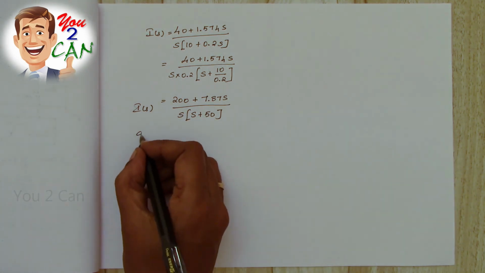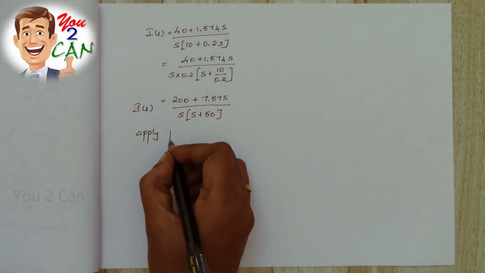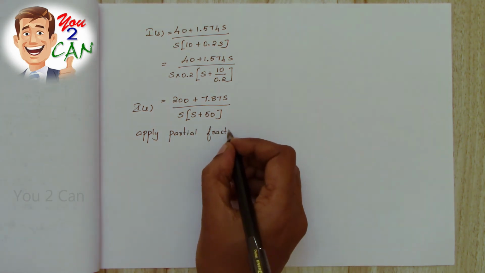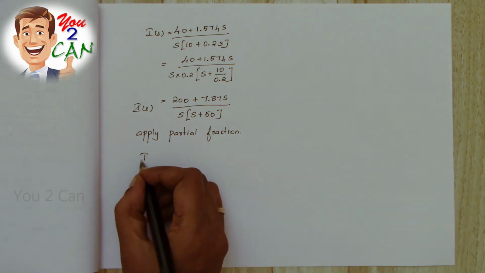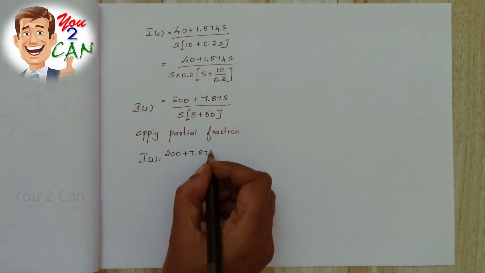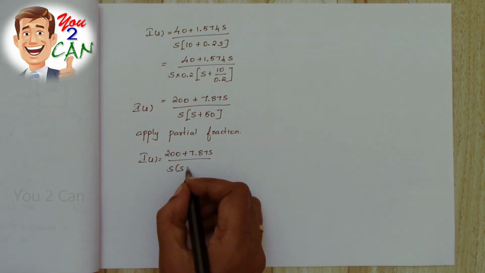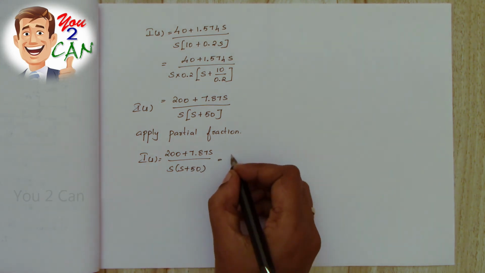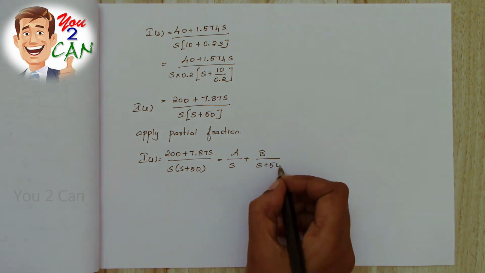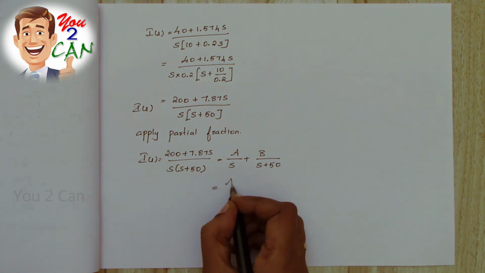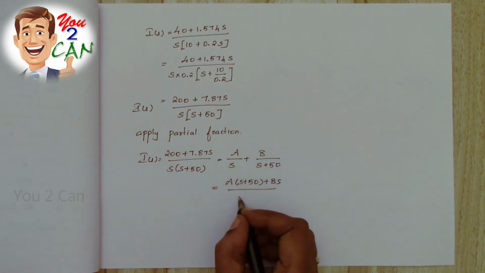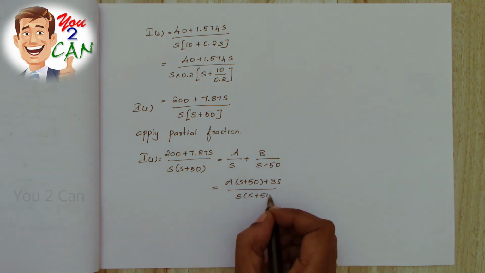Now we have to apply partial fractions. I of s is equal to 200 plus 7.87 s by s into s plus 50, equal to A by s plus B by s plus 50, that is A into s plus 50 plus B s by s into s plus 50.